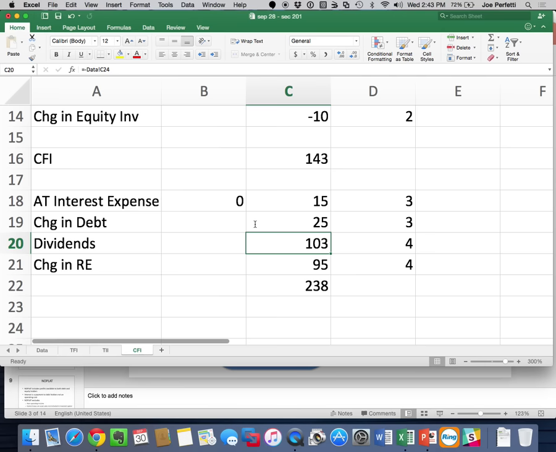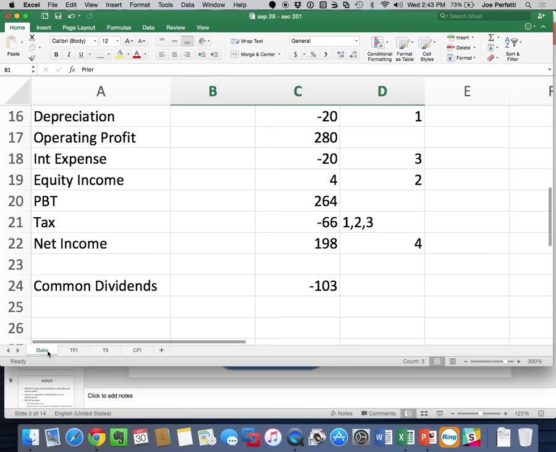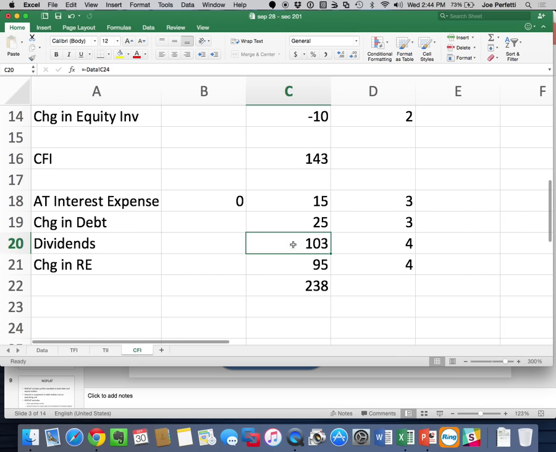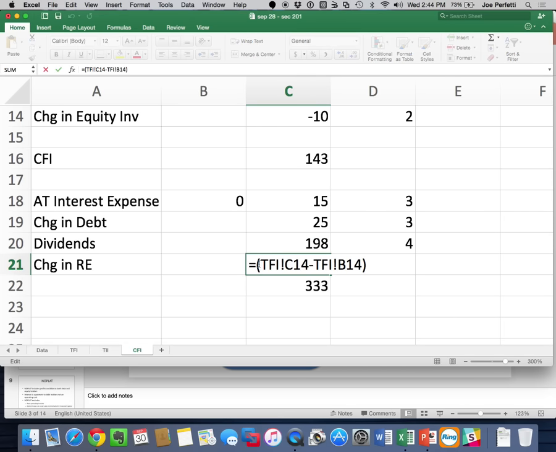It would balance if we put the actual net income in here. So the actual net income was 198 instead of the dividends. That's not a correct answer, though. Why?